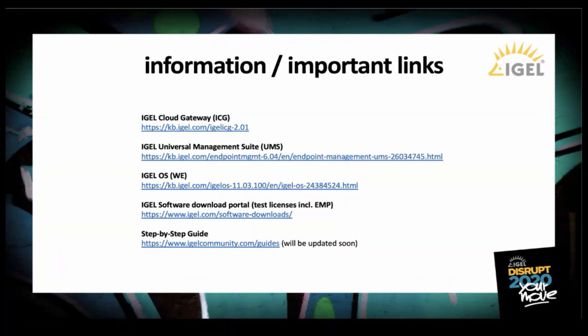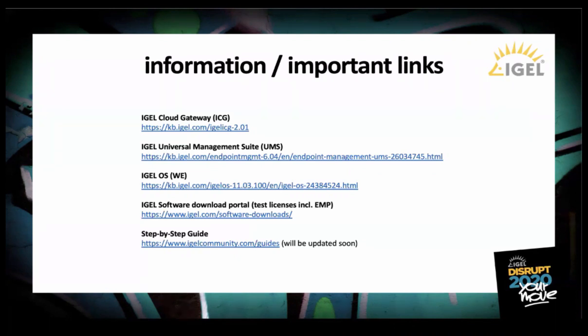Under software downloads, you find the download portal where you can download the ICG, the UMS, and also go for test licenses. All the test licenses include the EMP license, valid for 3 months, and you get it for 3 devices. So you can test up to 3 devices for 3 months, including the EMP.